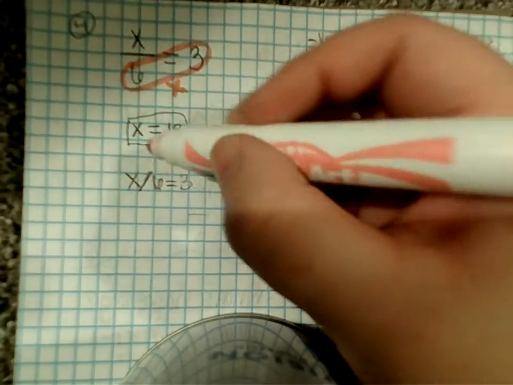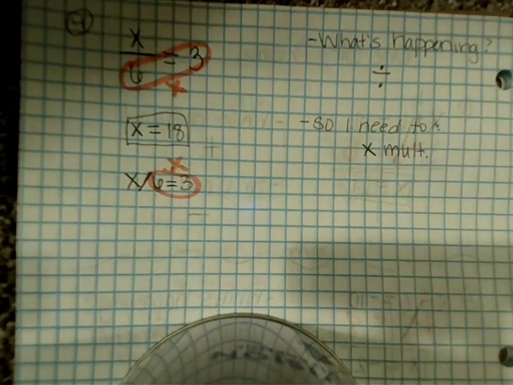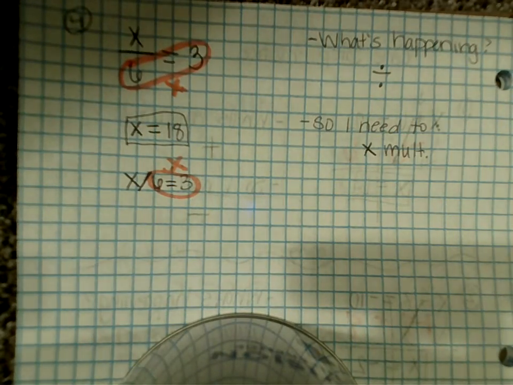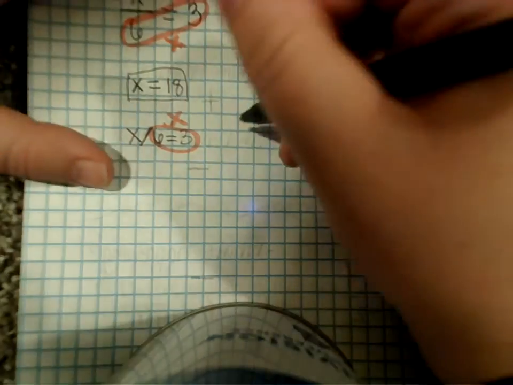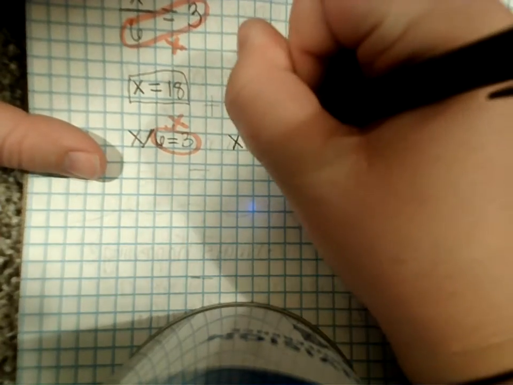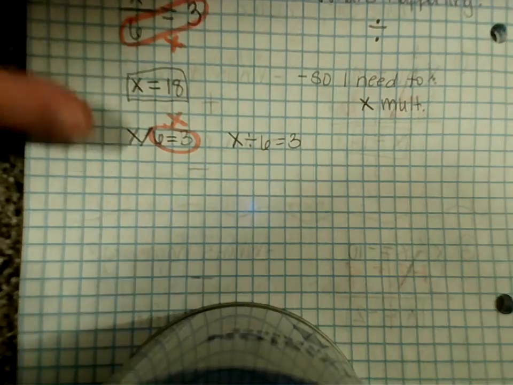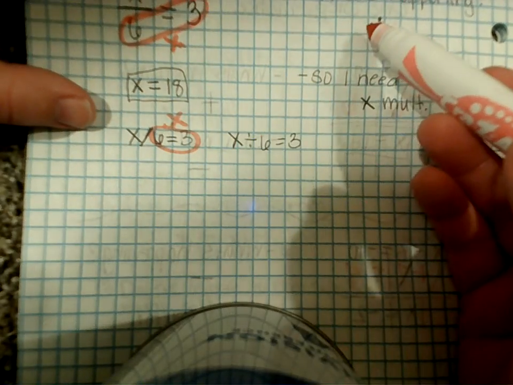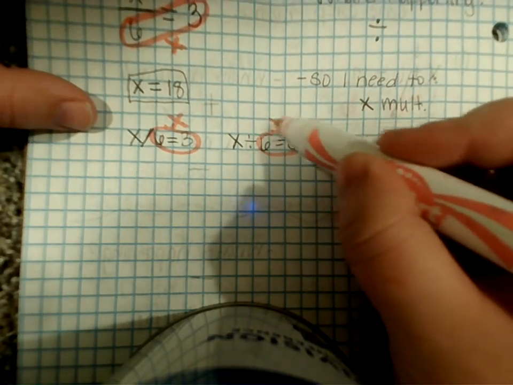You would just multiply these two together, and you'd still get 18. Sometimes, if they're being really nice to you, you will see it written out as x divided by 6 equals 3. Well, they tell you right there it's division, right? You need to do the opposite, which is multiply. So you're going to multiply those two together.